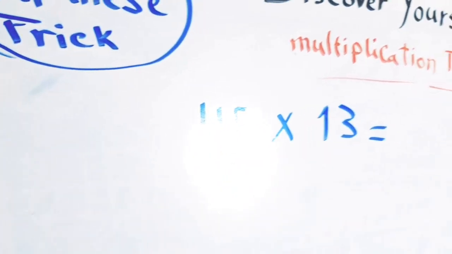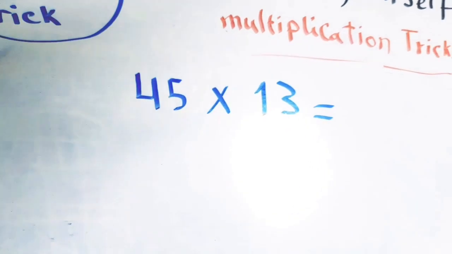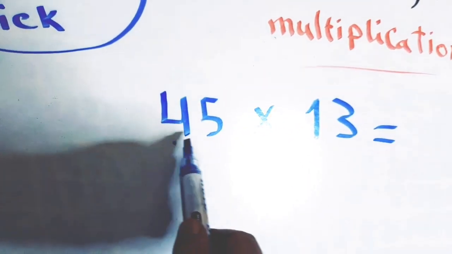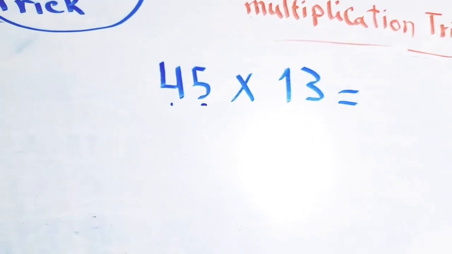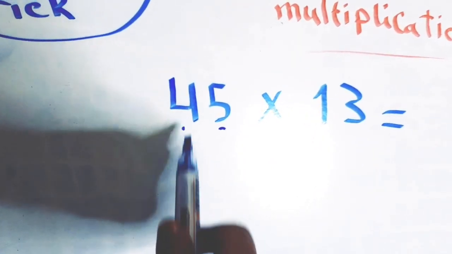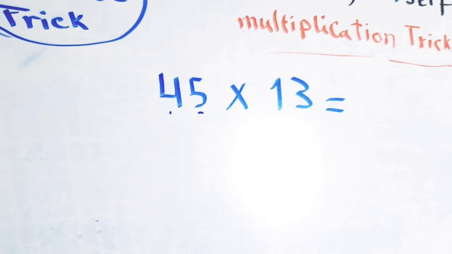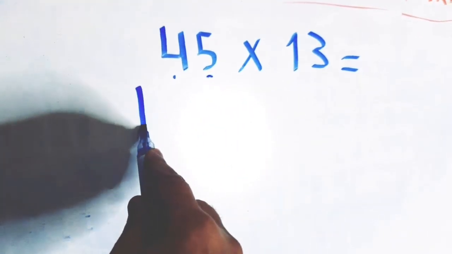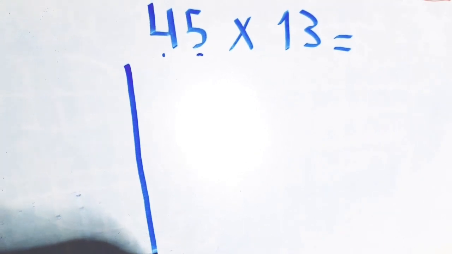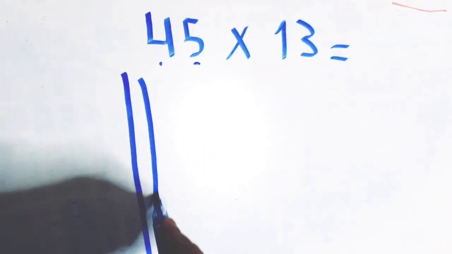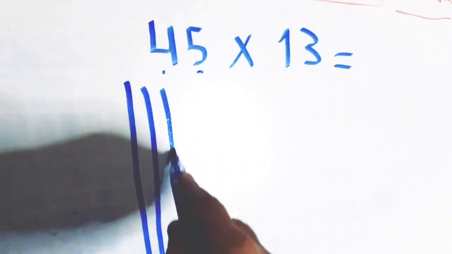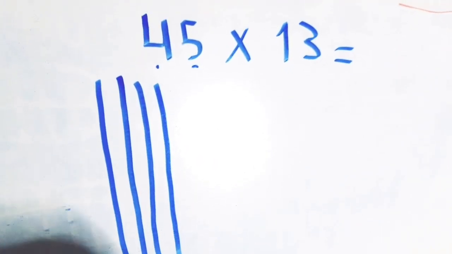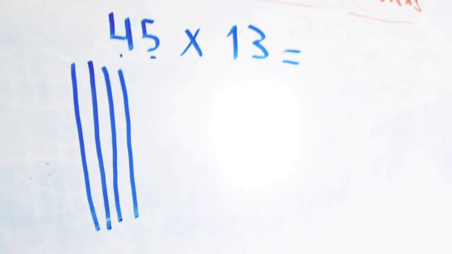First, we look at the first number, digit by digit. This is the first number. We begin with 4. We draw 4 vertical lines which represent the first digit.